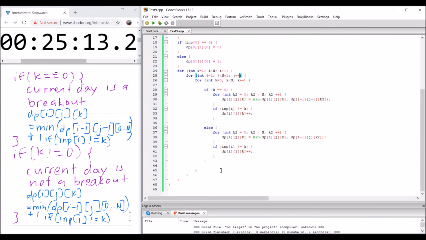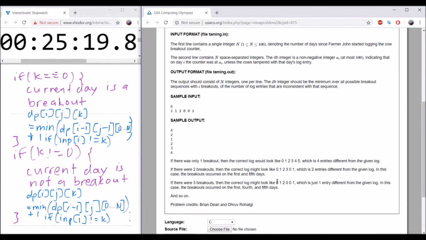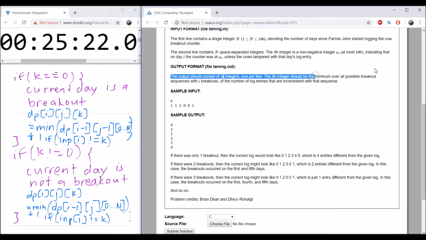Alright, cool. Now what we need to do is get the output. So what we're supposed to print, the minimum number of possible breakouts, minimum number of differences for each number of breakouts, and this is written really badly.